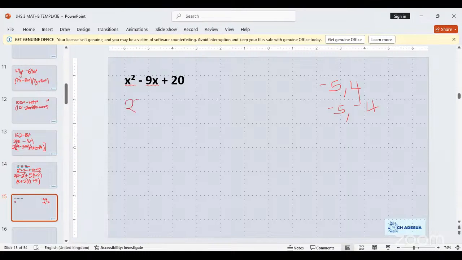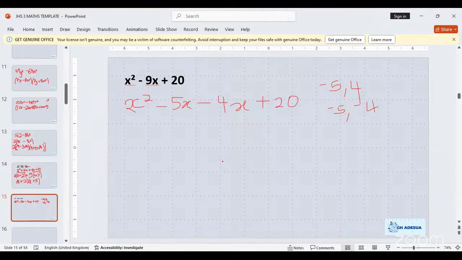So we have x squared, the numbers are negative 5 and negative 4. So x squared minus 5x minus 4x, no, sorry, plus 20.